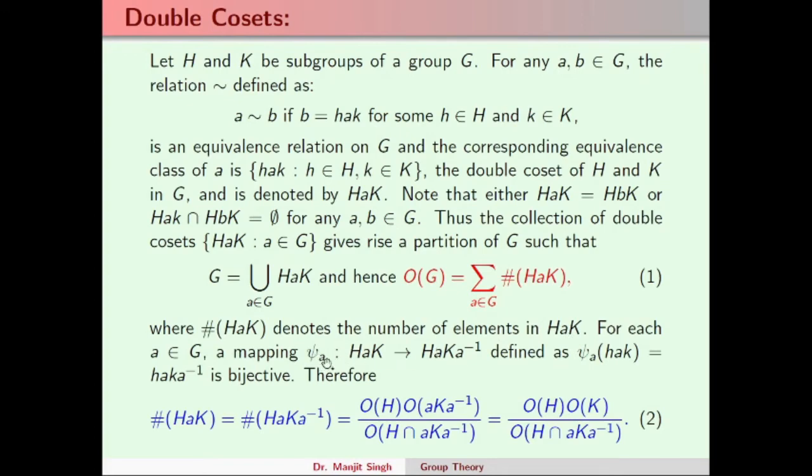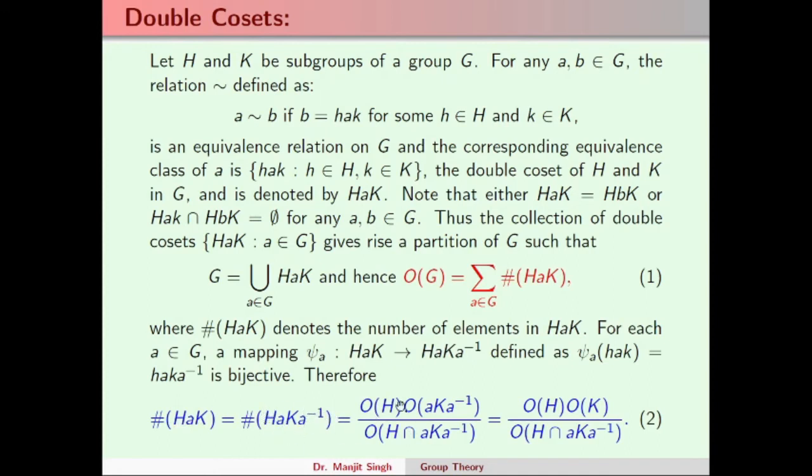Now if we define a mapping psi A from HAK to HAKA inverse, sending x to x A inverse, it can be seen that it is a bijective mapping, and therefore these two subsets of G have the same number of elements. So the number of elements in HAK is the same as the number of elements in HAKA inverse.